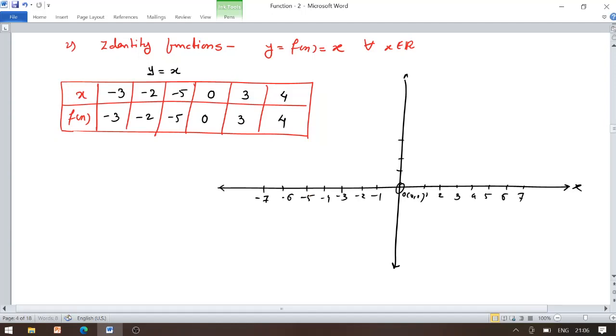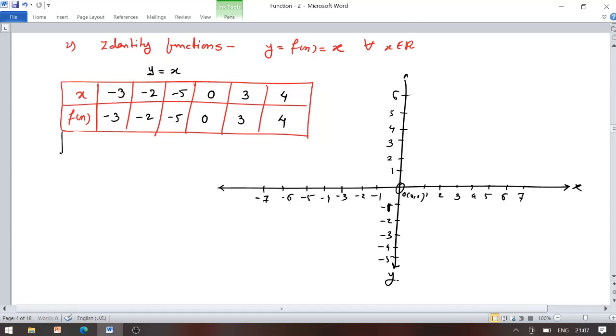In the vertically upward direction we have all the positive integers equally distributed. You might use a scale and pencil to draw the xy plane. In the vertically downward direction we have all the negative integers equally distributed, like minus 1, minus 2, minus 3, minus 4, minus 5 on your y-axis.